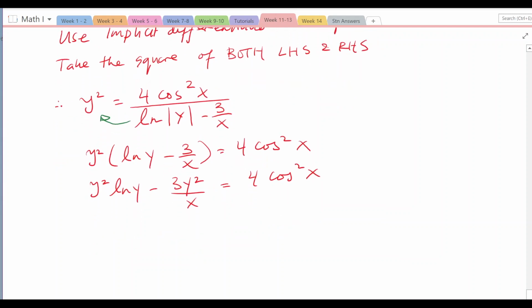So as you can see here, we have a multiplication, and therefore we have to apply a product rule in there, and then here we have a quotient rule, 3y square divided by x.